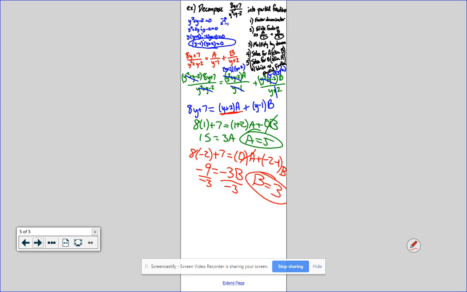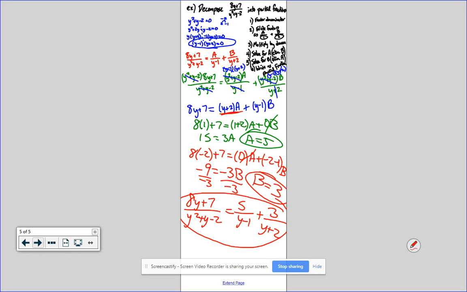So now, my answer: 8y plus 7 over y squared plus y minus 2 is equal to A, 5 over y minus 1, plus B, 3 over y plus 2. That's your answer.